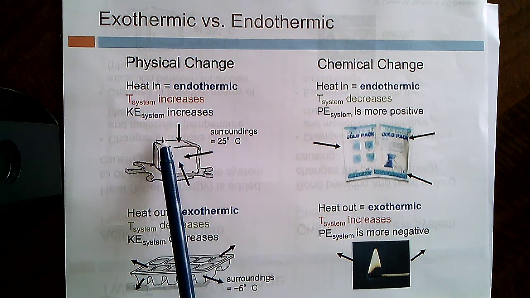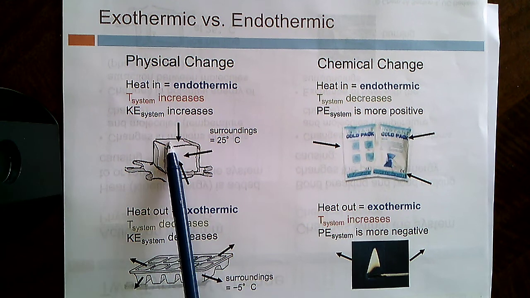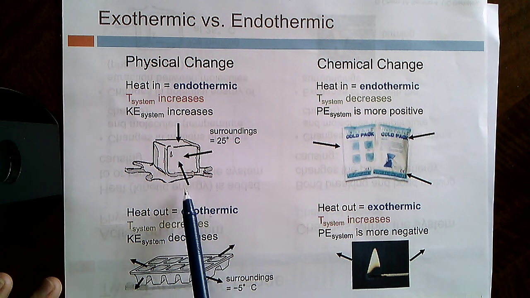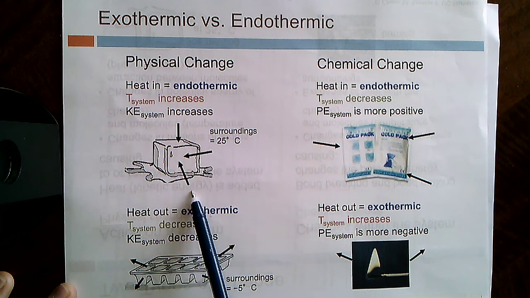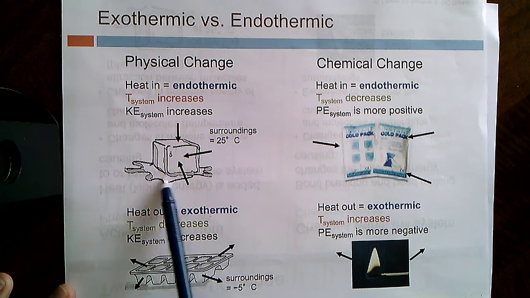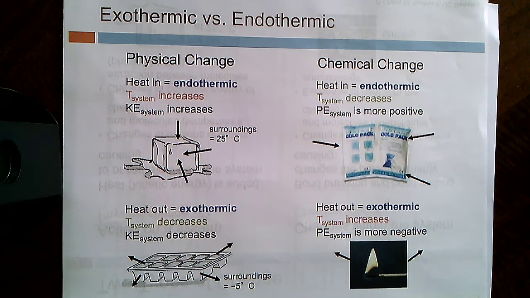Okay, so if the system is my ice cube, why does an ice cube feel cold to your hand? Well, it's because your hand is part of the surroundings and heat is flowing from your hand into the ice, causing it to melt.